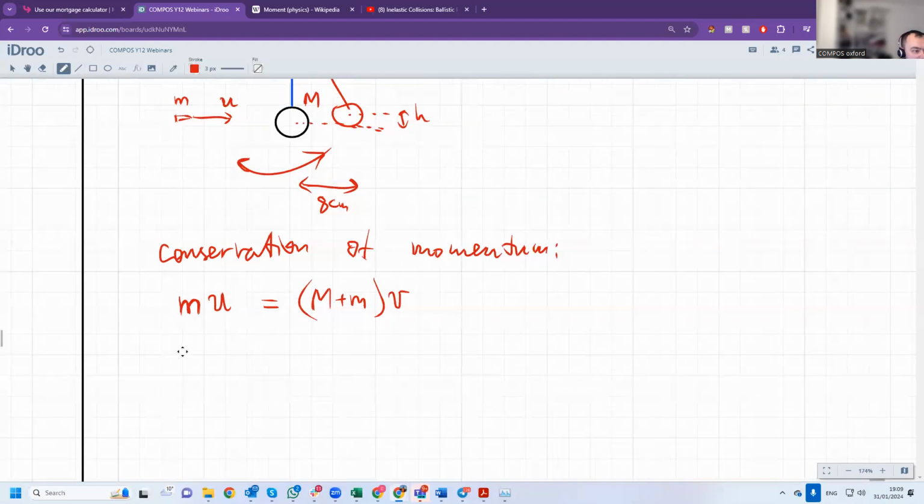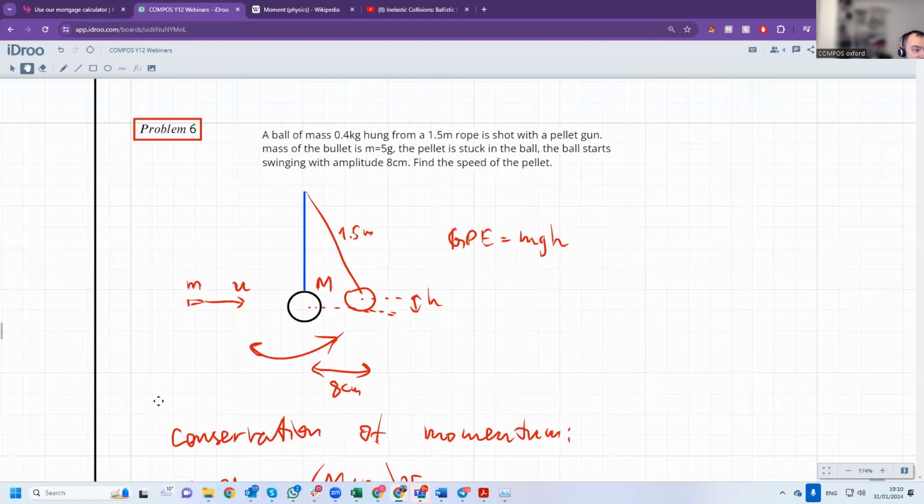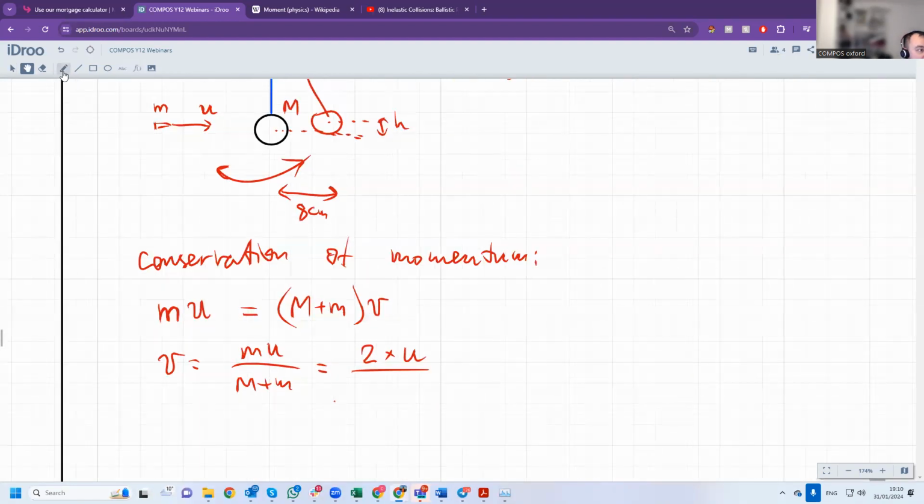All right, so we can work out the speed. The speed is mu divided by M plus m. Okay, so we can calculate. The mass is 2 grams multiplied by the velocity, which we don't know, divided by 0.4 kilograms, so 400 grams, so 402 grams.